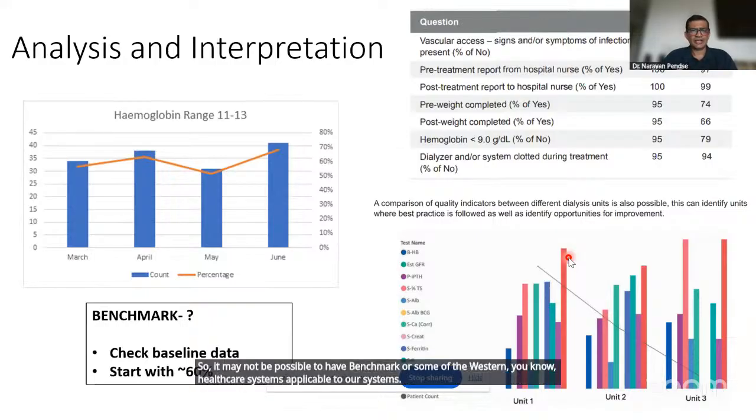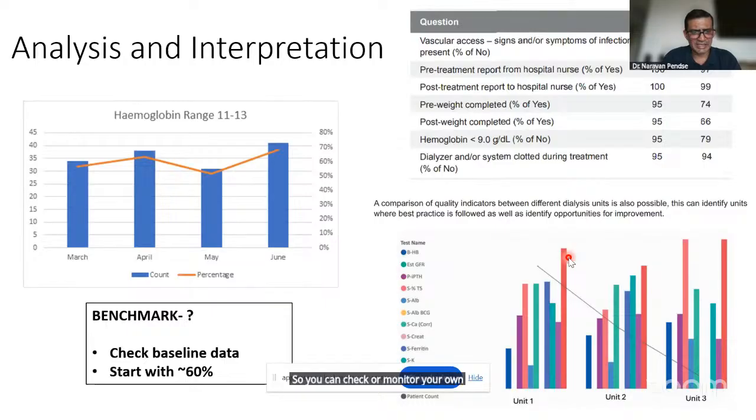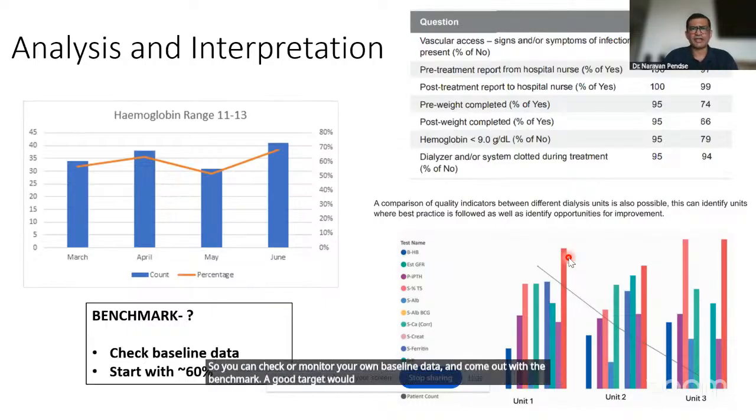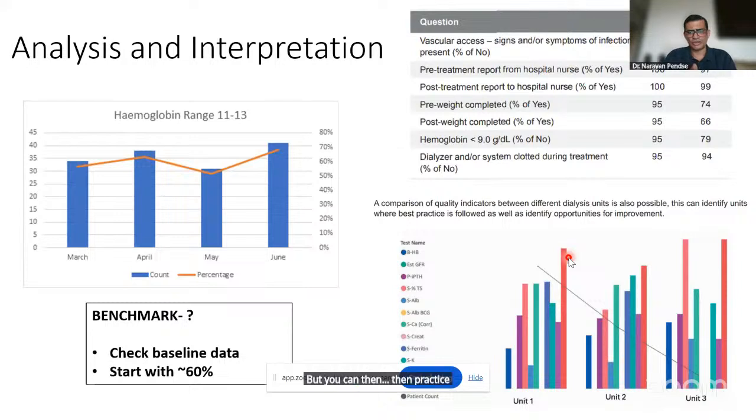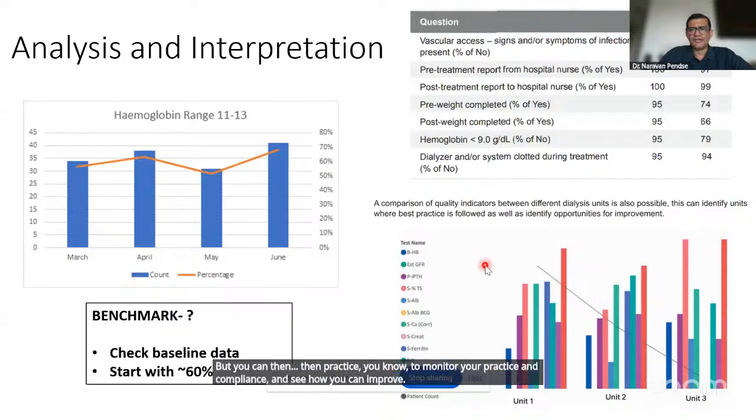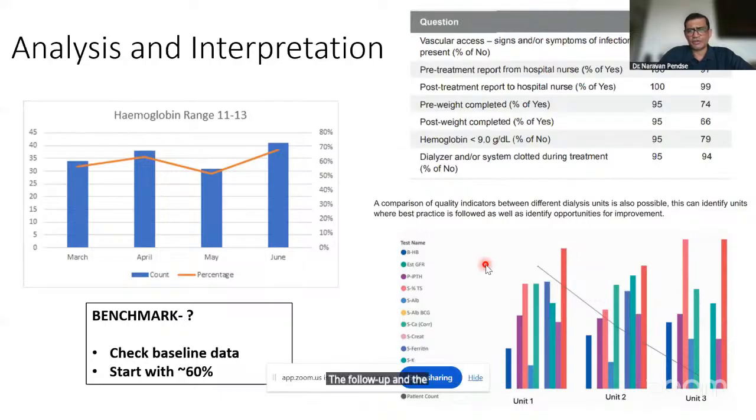So you can check or monitor your own baseline data and come out with the benchmark. A good target would be say around 50 to 60%. Even that could be difficult for some of the hospitals, but you can then monitor your practice and compliance and see how you can improve the follow-up and the anemia control for these patients.